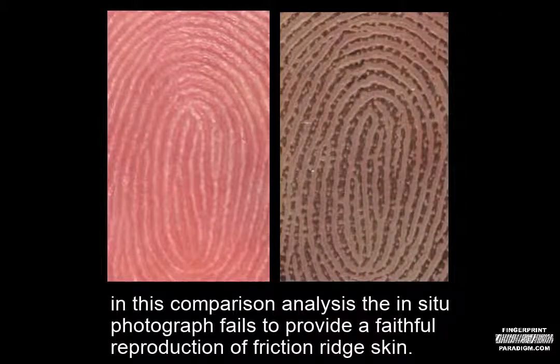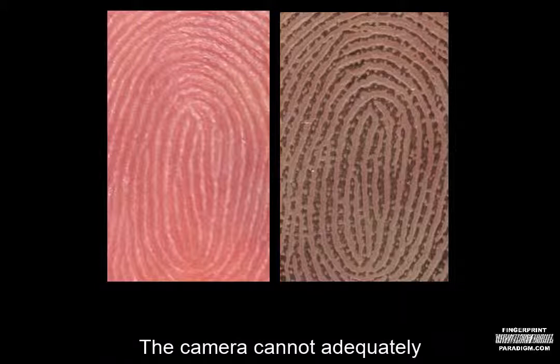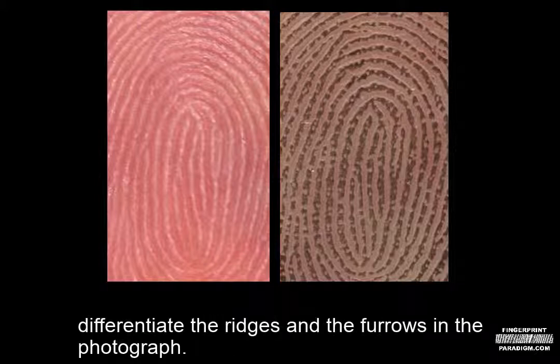In this comparison analysis, the in situ photograph fails to provide a faithful reproduction of friction ridge skin. The camera cannot adequately differentiate the ridges and the furrows in the photograph.